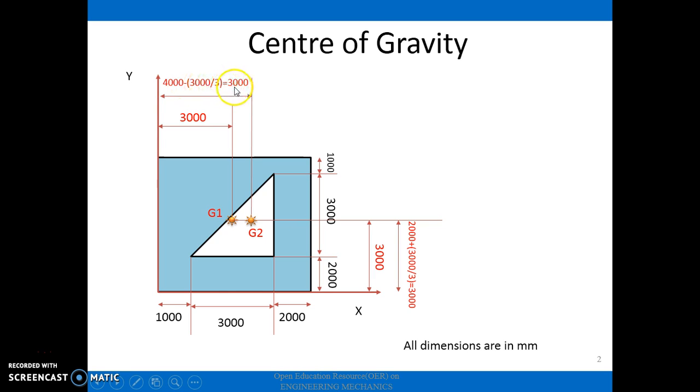Then only you will get 3000. These are the tricky parts which should be kept in mind. Here also the y distance is h by 3, that is 3000 by 3, and this should be added to 2000. Then only you'll get 3000 here. Now all the dimensions are drawn, and we'll move on to the table.